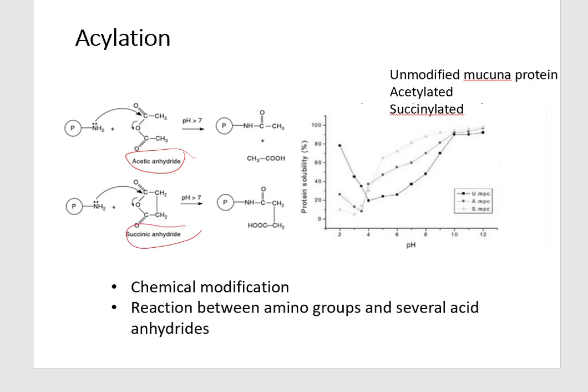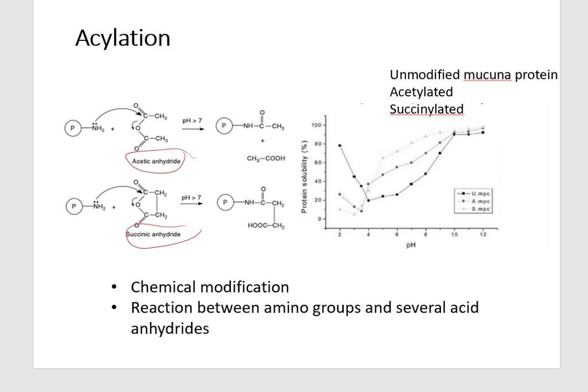So reaction of protein with acetic anhydride results in elimination of the positive charges of lysyl residues and a corresponding increase in electronegativity. So when we increase the electronegativity of proteins, we unfold the protein, and extensive reaction is allowed to occur. Because of this unfolding, acylated proteins are generally more soluble than native proteins.